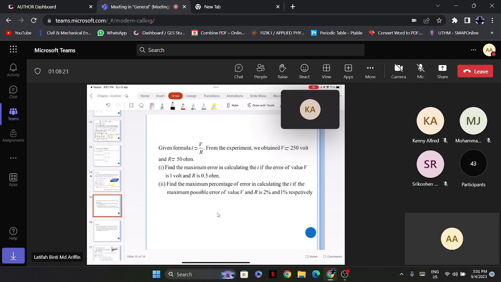Find the maximum error in calculating the I if the error of value V is 1 volt and R is 0.5 ohm. Find the maximum percentage of error in calculating the I if the maximum possible error of value V and R is 2% and 1% respectively.